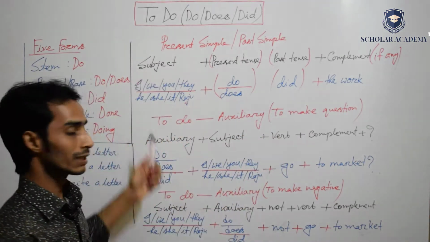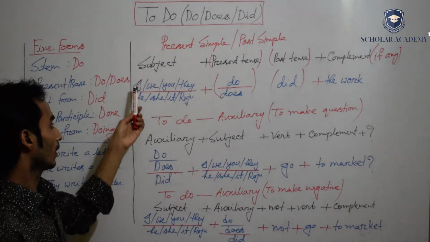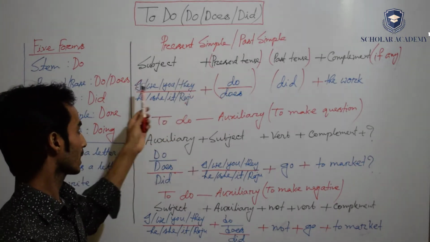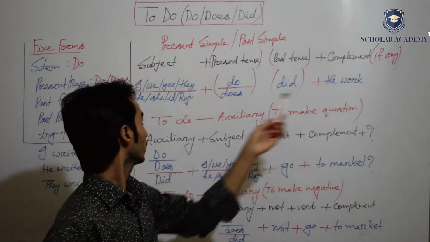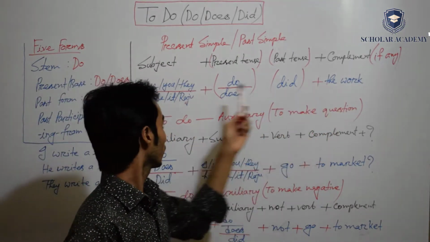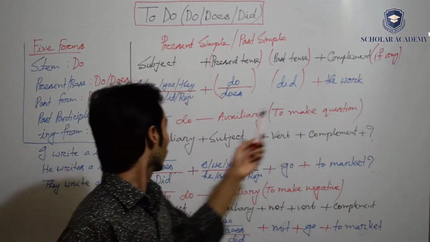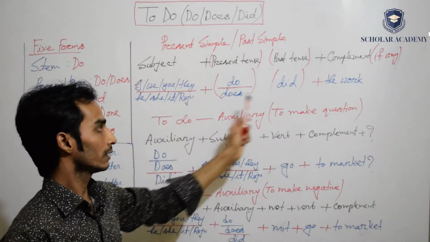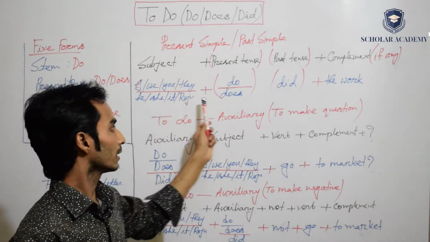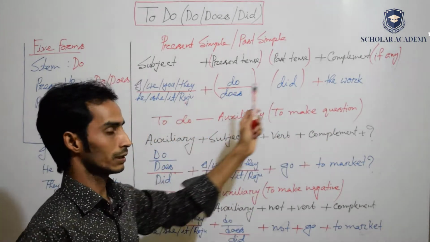Examples: I did the work, we did the work, you did the work, they did the work, he did the work, she did the work, it did the work, Raju did the work.